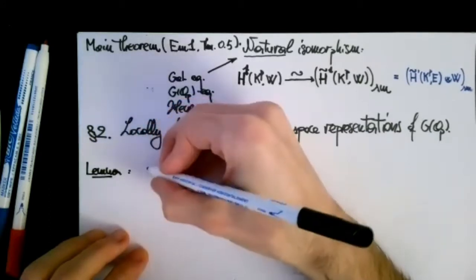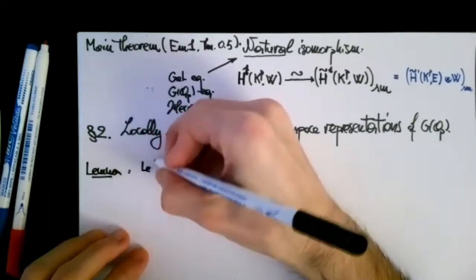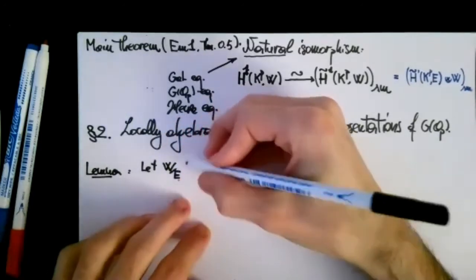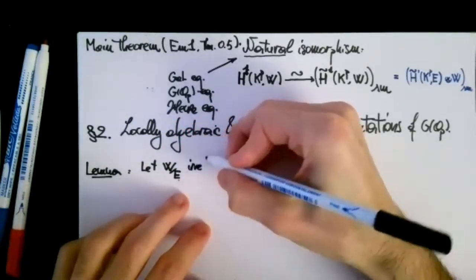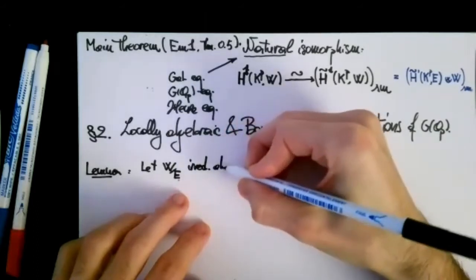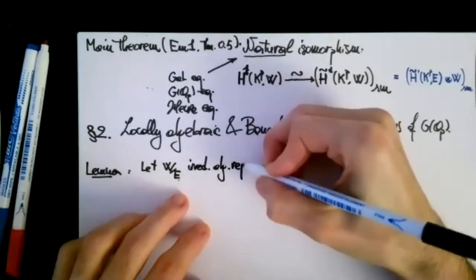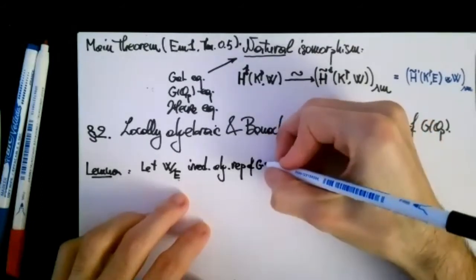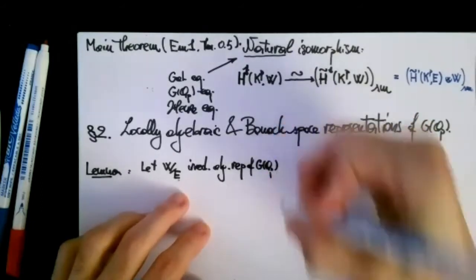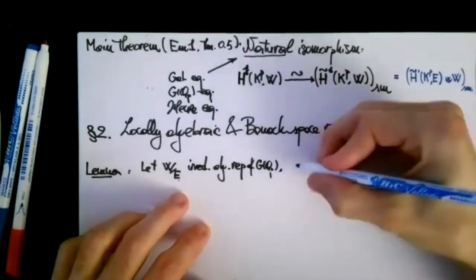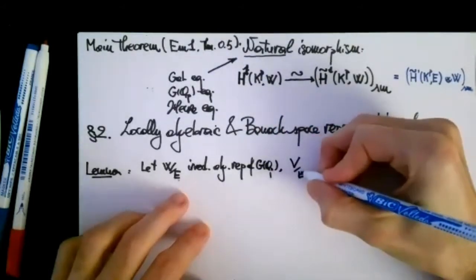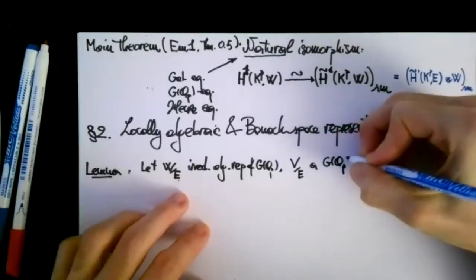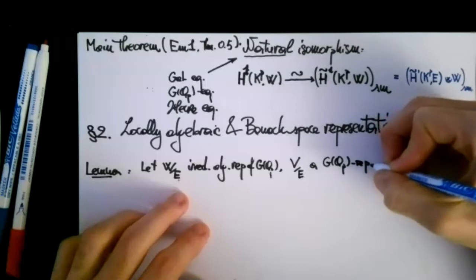We assume that W over E is an irreducible algebraic representation of G(Q_p), and we consider V over E any G(Q_p) representation.